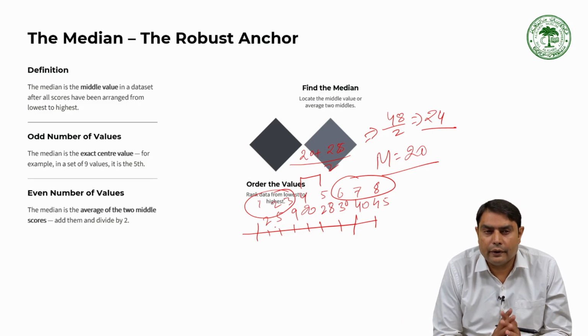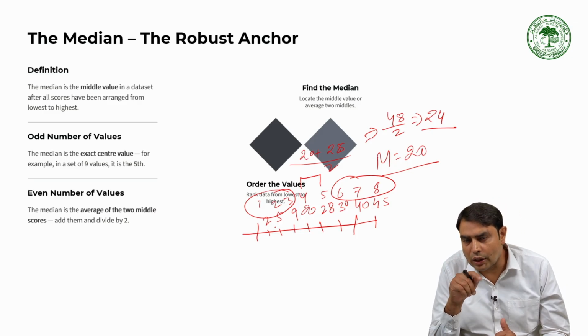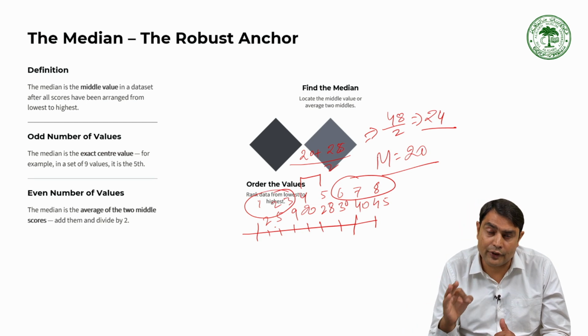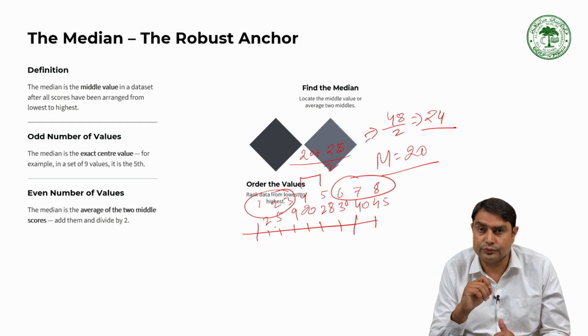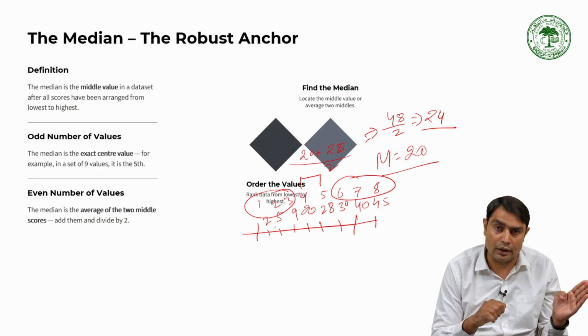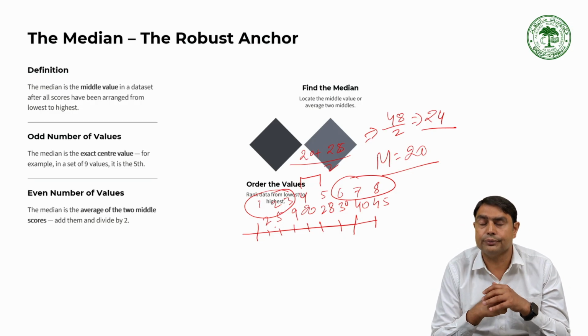Okay, the key thing to remember is that the median depends on order, not on the size of every value. It means the median is influenced by position, and also the data should be in order, ascending or descending, lower to higher or higher to lower.